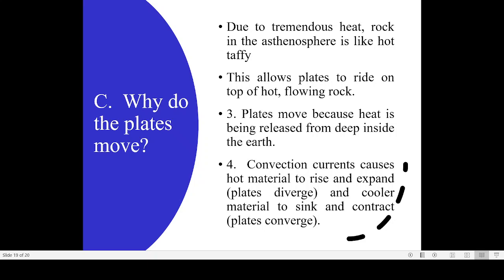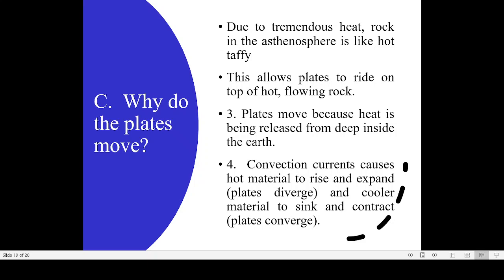We can easily observe that when volcanic eruptions are taking place, this liquid magma or liquid mantle is coming out. That is due to the tremendous heat of the rock in the asthenosphere or in the mantle. That is converting all the solid rocks into liquid rock, and on the surface of this boiling magma, the plates are actually moving.